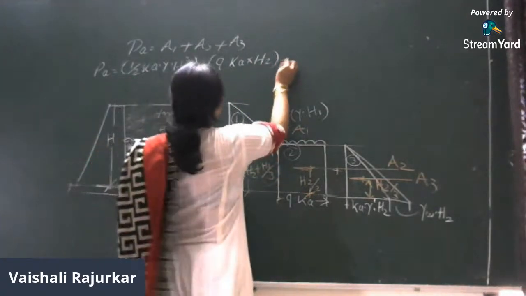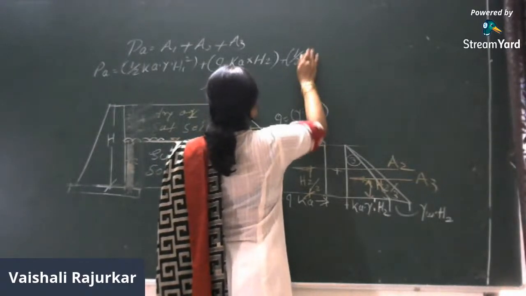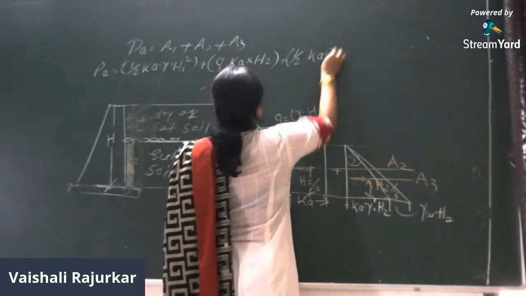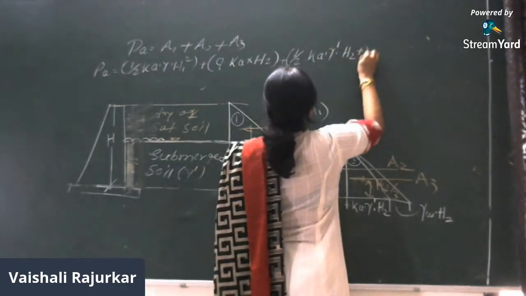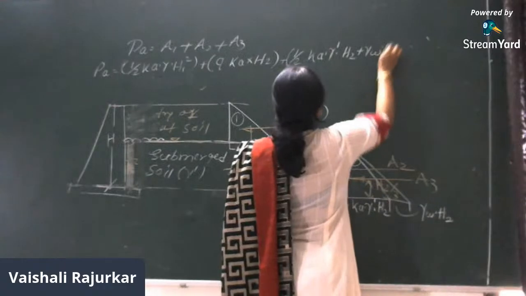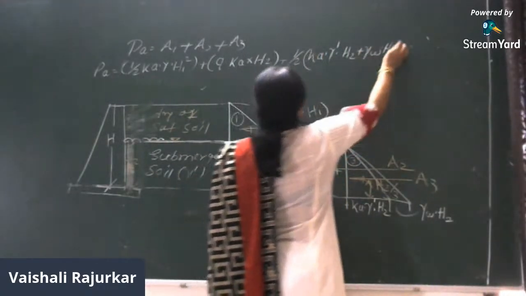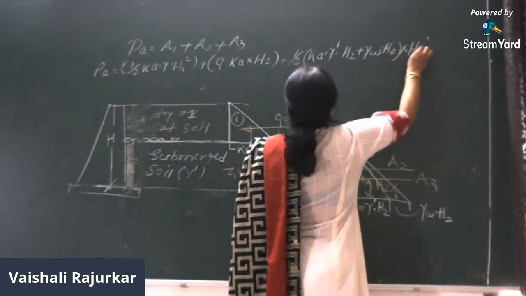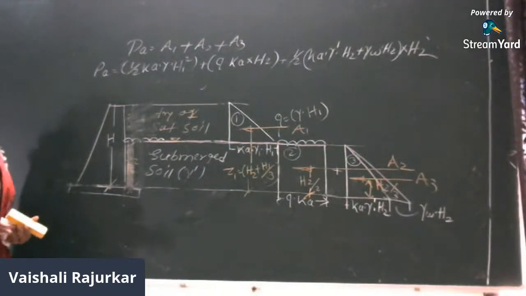And the third is half of Ka into gamma submerged into H2 plus gamma W into H2 into H2. So in this way, we will calculate the total PA.